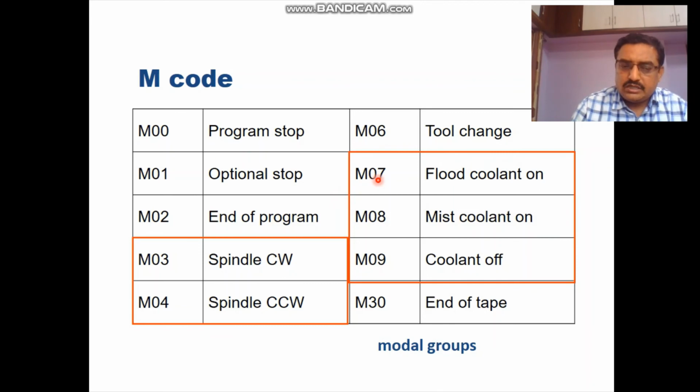Coolant on, M07, is flood coolant on. Mist coolant on, M08. Coolant off, M09. M30 is end of tape, and the program will be rewound. If the program ends and the same work is repeated, it will come back to the starting position with this code, M30.